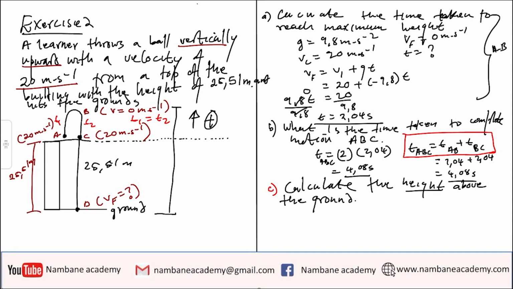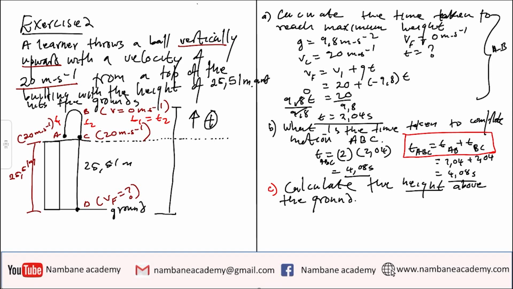My question is, how do we approach this one? Yeah, Moteo. We're going to use the equations on BC and then add it with CD to get our total height.